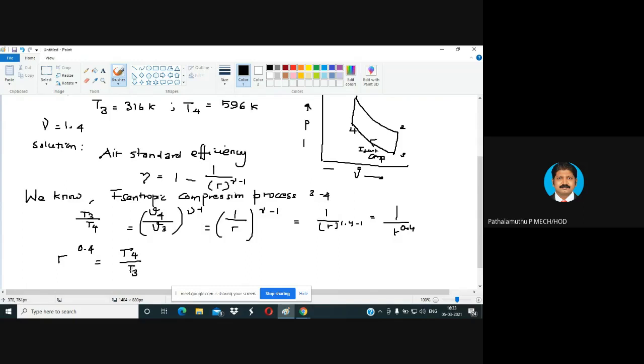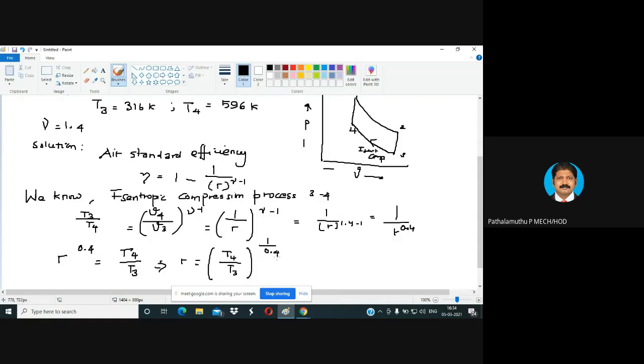So from that, R equal to T4 by T3 power 1 by 0.4.